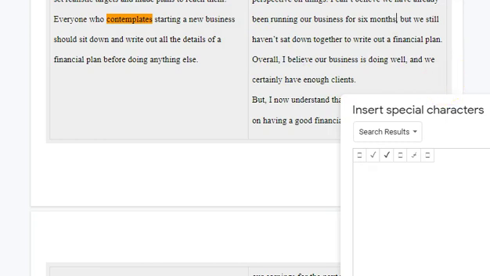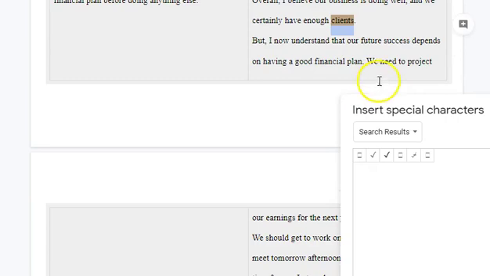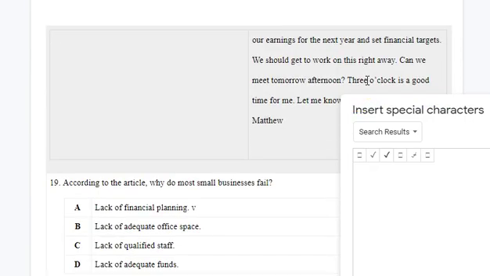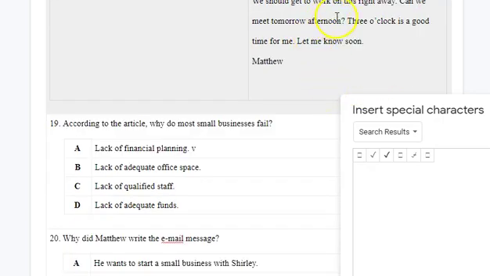Overall, I believe our business is doing well, and we certainly have enough clients. But I now understand that our future success depends on having a good financial plan. We need to project our earnings for the next year and set financial targets. We should get to work on this right away. Can we meet tomorrow afternoon? 3 o'clock is a good time for me. Let me know soon. Thank you.